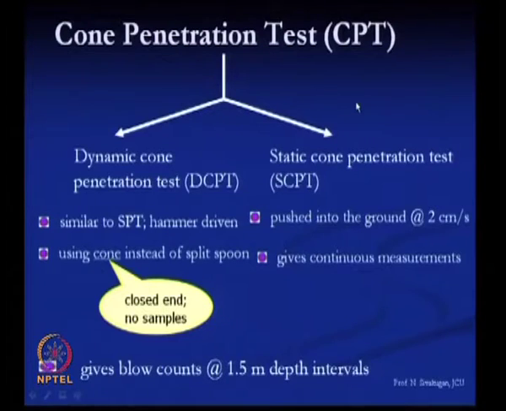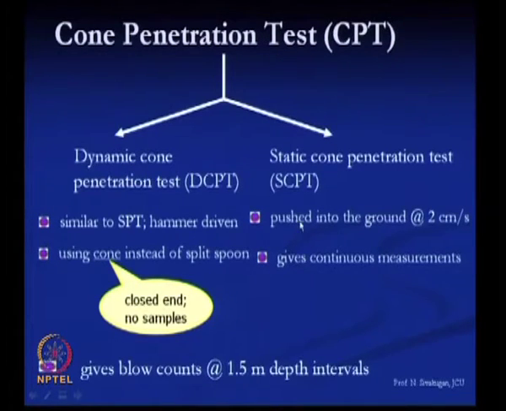Now, the next penetration test is the cone penetration test. This cone penetration test is of two types: one is the dynamic cone penetration test, that is DCPT, and the other is the static cone penetration test, that is SCPT. The dynamic cone penetration test is similar to the SPT test, that is hammer driven, but the static cone penetration test is not hammer driven.